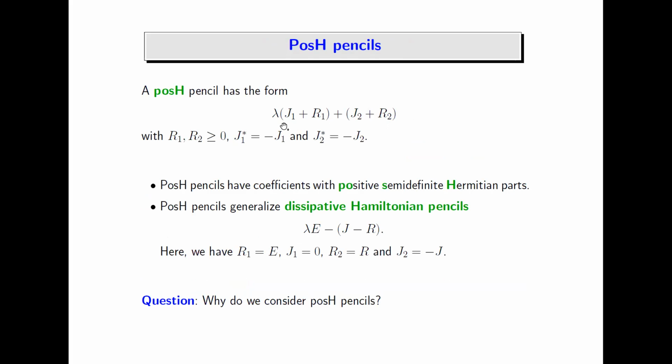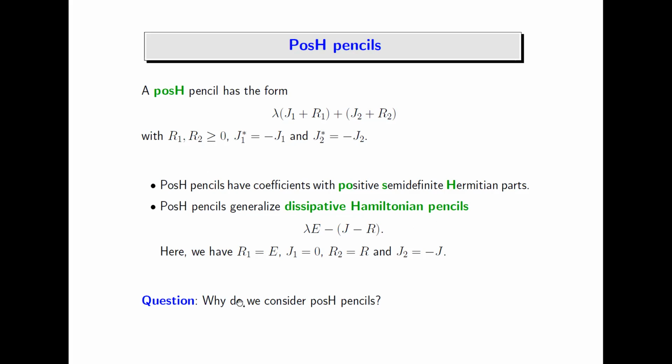So we have an arbitrary skew-symmetric part, but the Hermitian part should be positive semi-definite. This is a generalization of these dissipative Hamiltonian pencils for the case that Q is the identity, because if we look at this pencil that we had earlier, then we easily find that this is exactly the structure if we set J1 equal to 0.